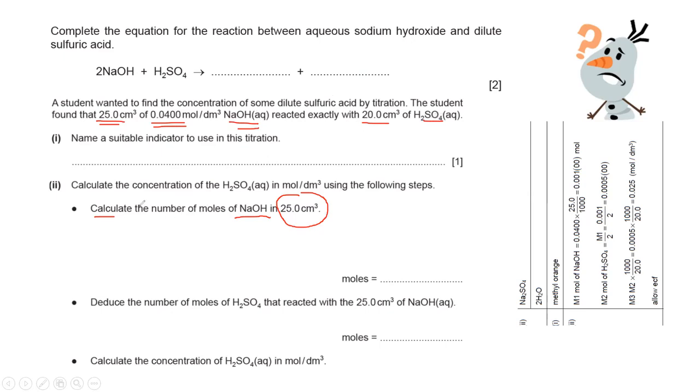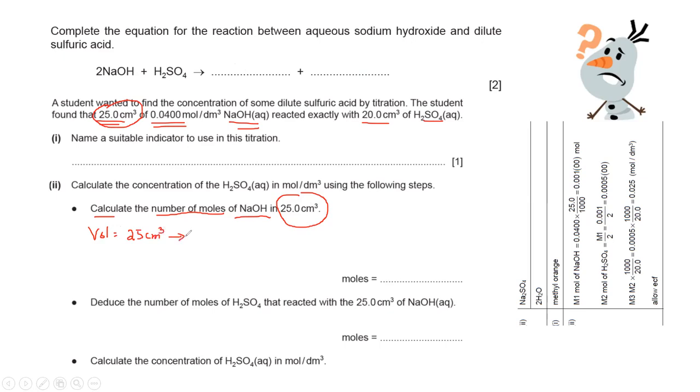So in the first part, we have to calculate the number of moles of sodium hydroxide. How to get it? We have the volume of sodium hydroxide, which is 25 cm cube.